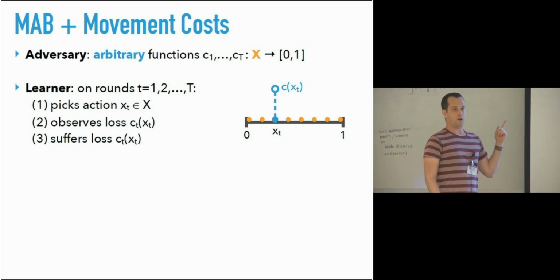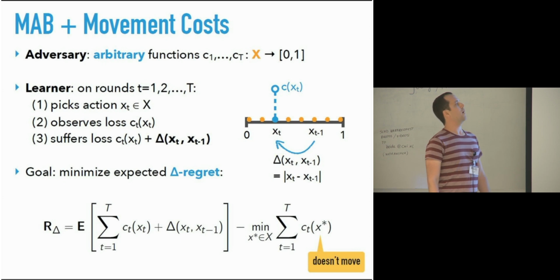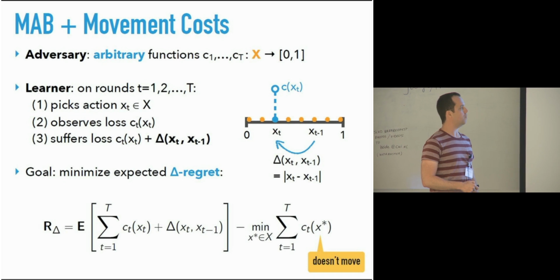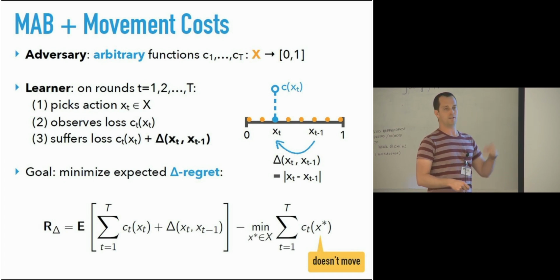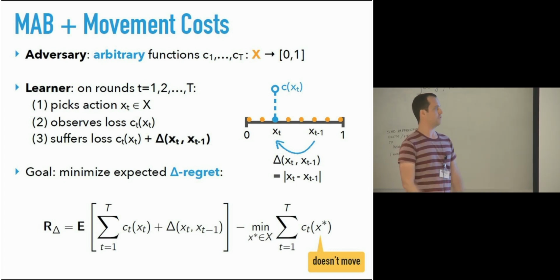But in the multi-arm bandit with movement cost problem, the learner also suffers an additional loss, which is equal to the distance between his current action and his action from the previous round, and the distance is measured by a metric delta. For the purpose of this talk, think about delta as just the natural metric over the interval, which is just the absolute value of the difference.